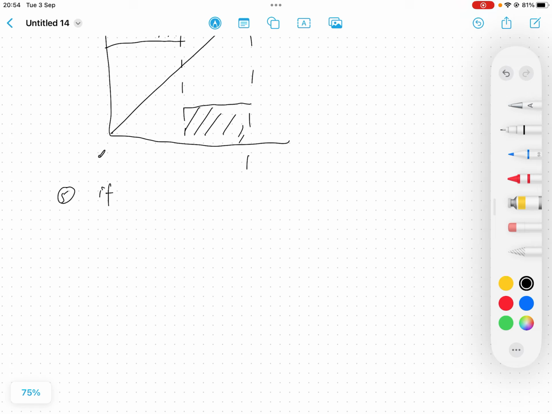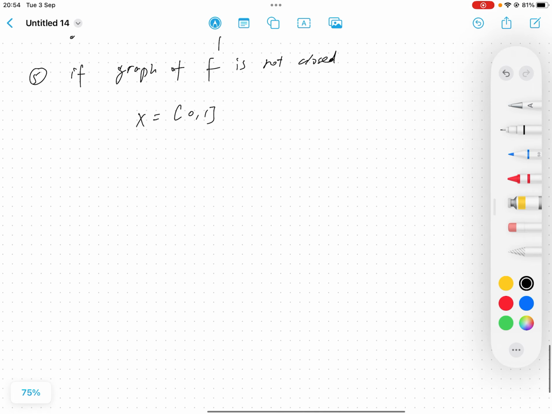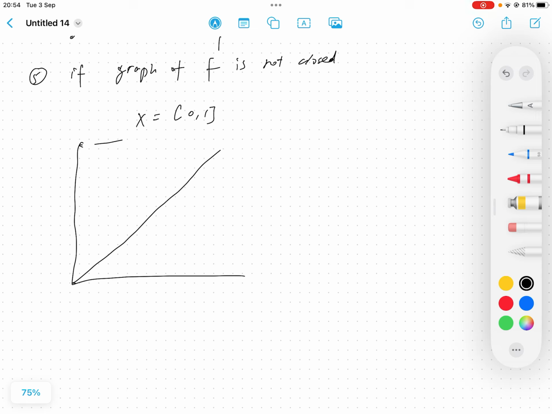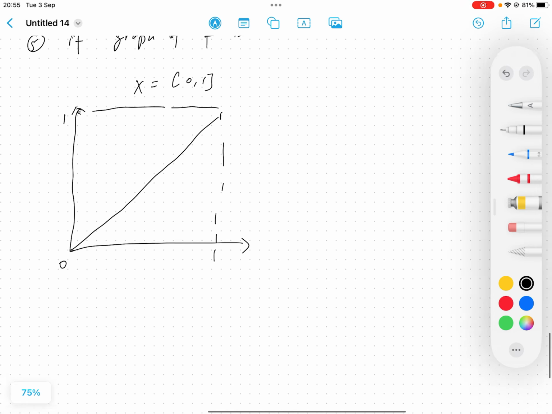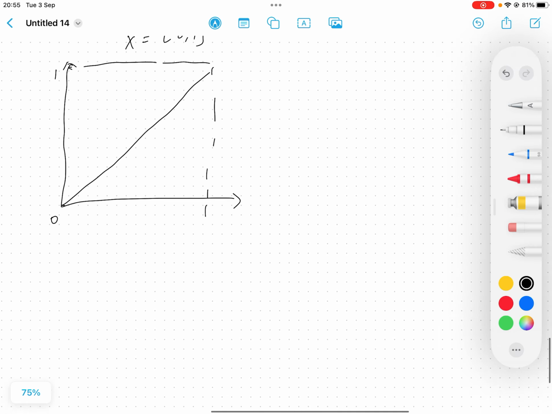So if the graph of f is not closed, we still have x from 0 to 1, same picture, and there may not exist the fixed point again, right?